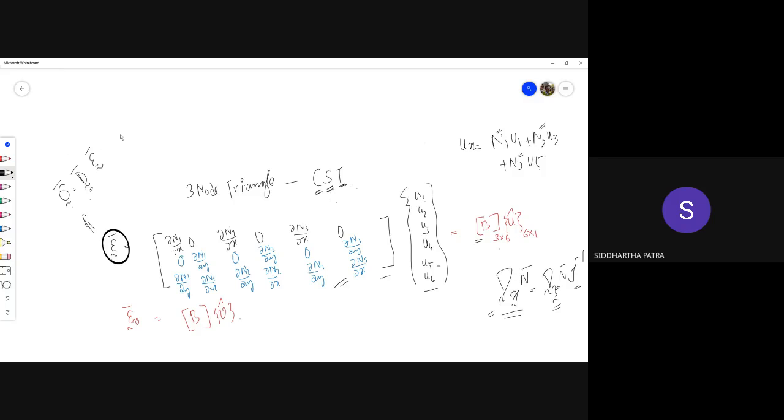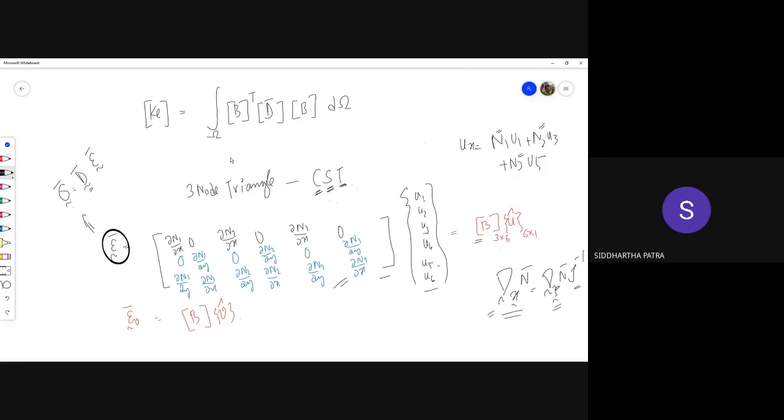Now, how to define the element stiffness matrix? If you follow the last class, we have already defined it to be B transpose D bar B d omega, where omega represents the volume.